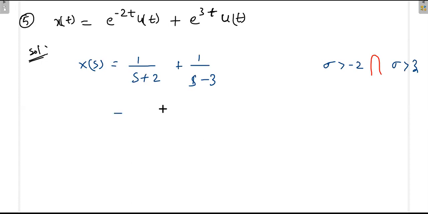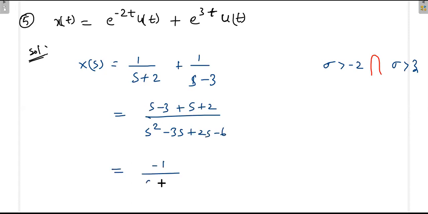Then once you simplify this, you will be getting (s minus 3)(s plus 2) divided by s square minus 3s plus 2s minus 6. Finally minus 1 by s square minus s minus 6. Then what is the common ROC here? First sigma is greater than minus 2, then sigma is greater than 3.